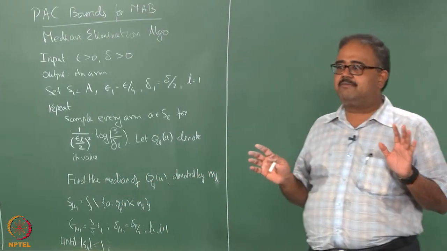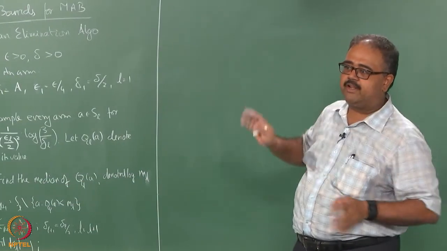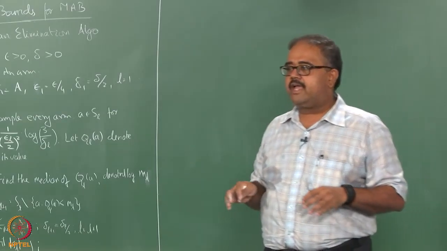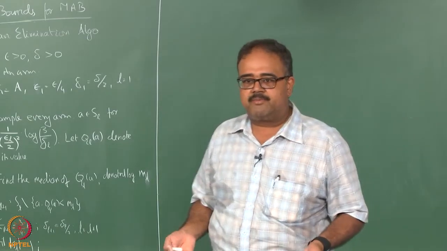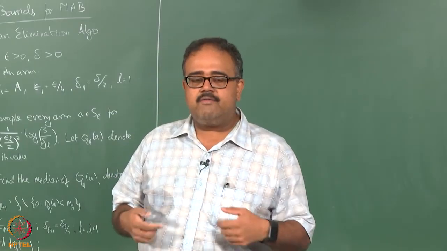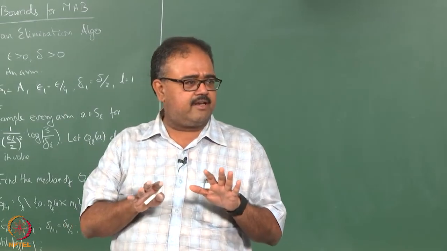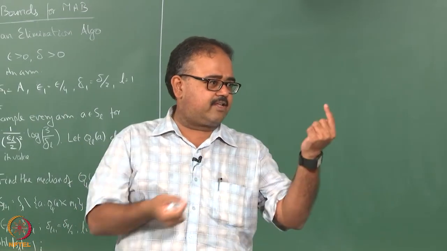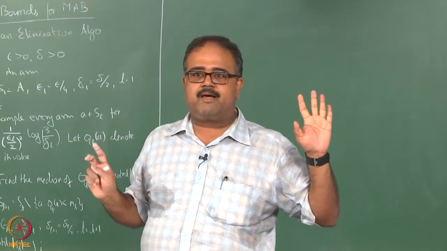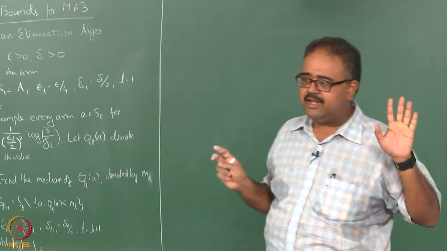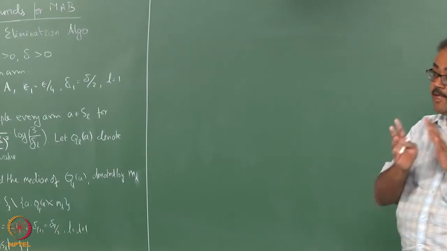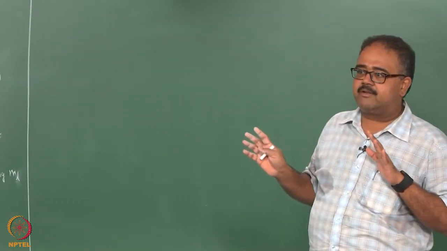Along the way, before I reach the final round, I should not eliminate all the epsilon optimal arms. Because at the end, if that one arm left is some epsilon optimal arm, I am safe, but if along the way I eliminate all the epsilon optimal arms, then I am in trouble.